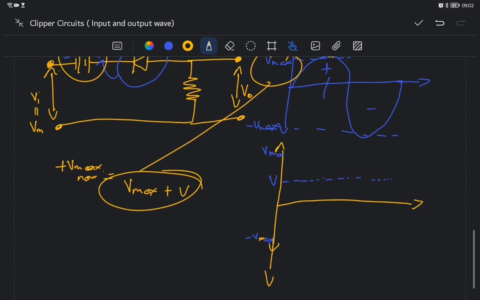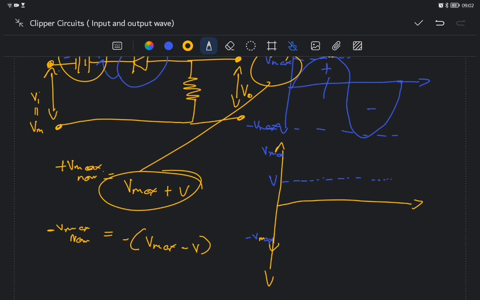And then the negative Vmax new is equal to negative Vmax minus V. Are we still fine? Now we are subtracting some voltage from the Vmax on the bottom. Why? Because we're trying to shift it to the top.